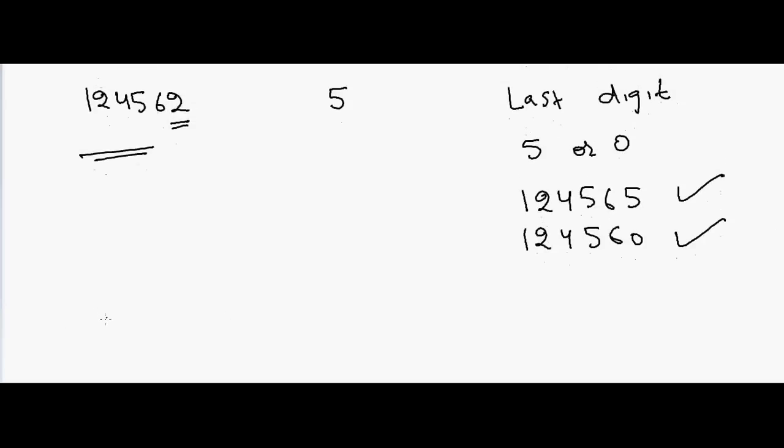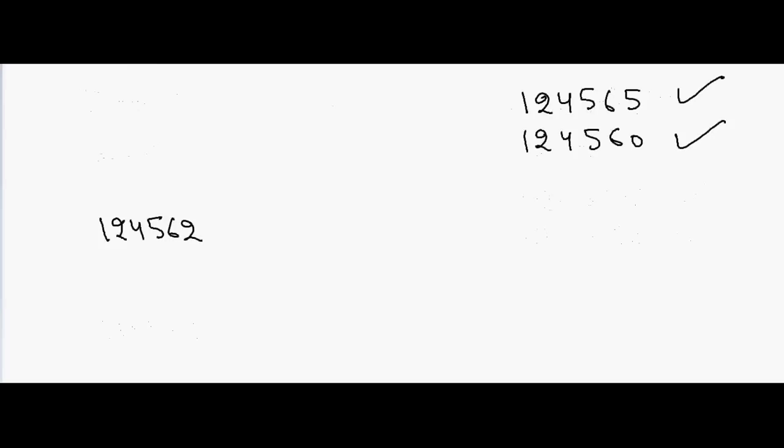Now let's talk about divisibility by 6. So I have 1 2 4 5 6 2. Is this number divisible by 6? To check that, we know that 6 is a multiplication of 2 and 3. So we have to run the test for 2, and then the test for 3. Because this is an even number, we know that it is divisible by 2.